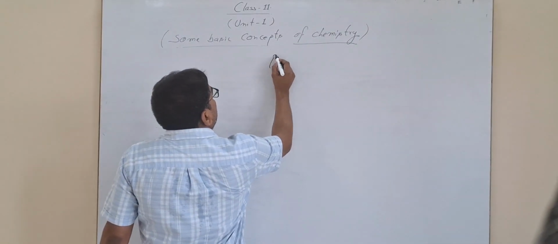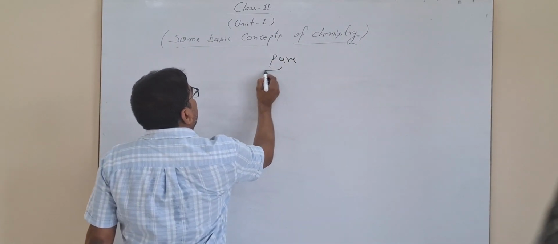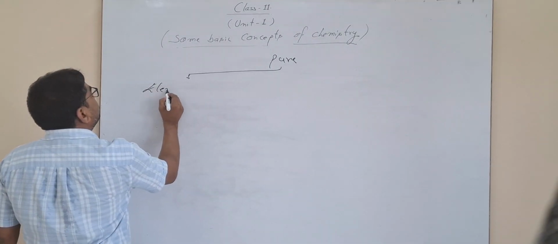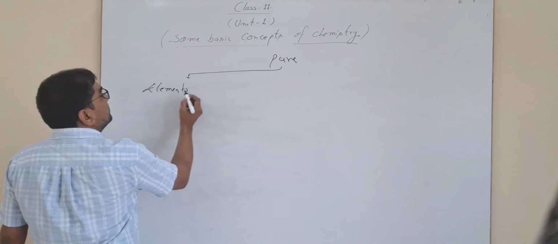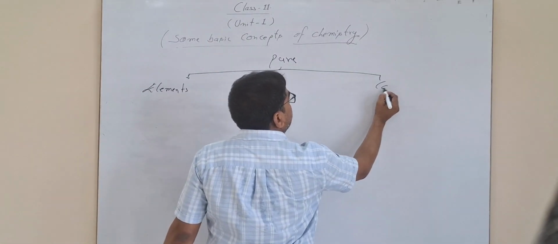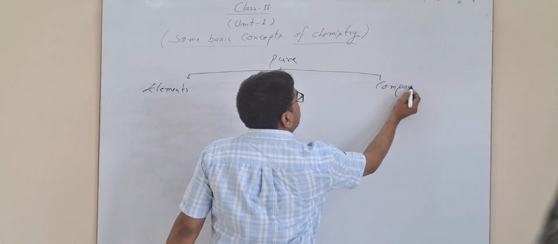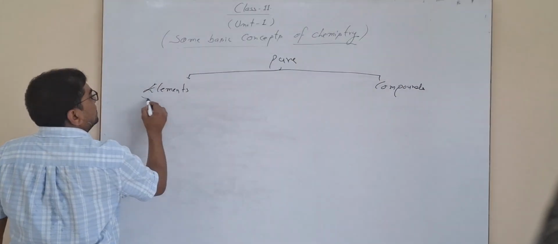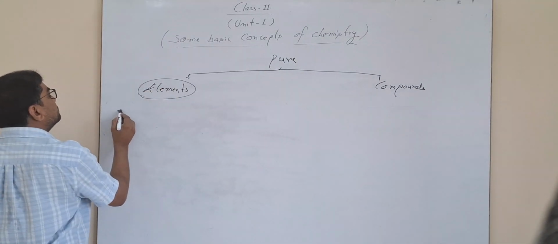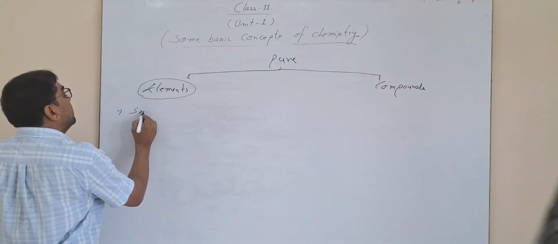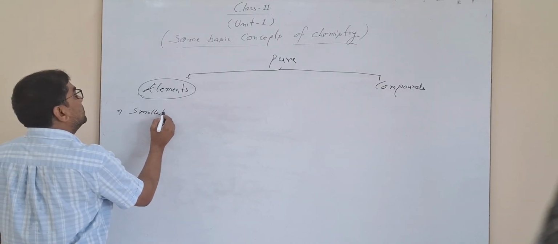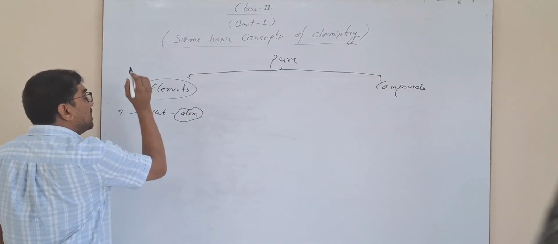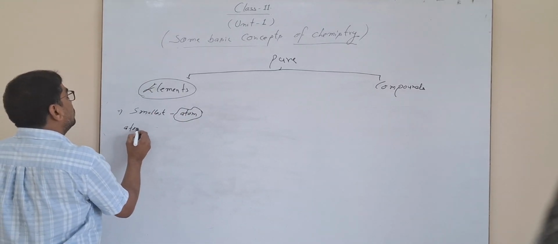As we know, the pure form of matter is classified into elements and compounds. As far as elements are concerned, the smallest part of every element is an atom. That means the smallest part will be the atomic unit.